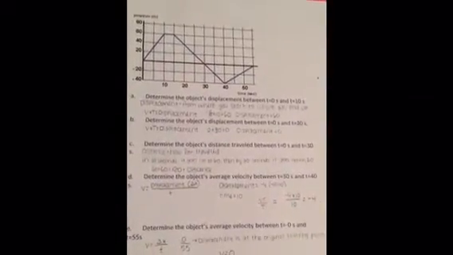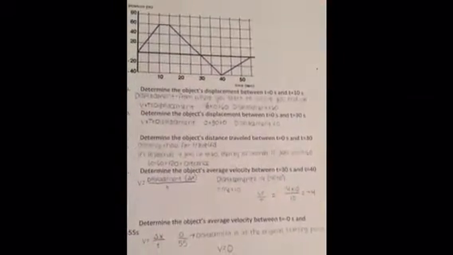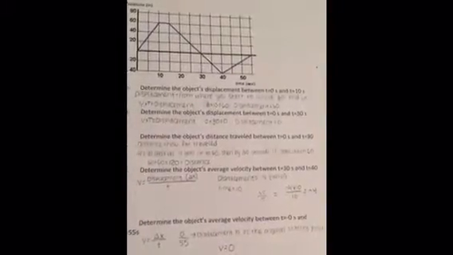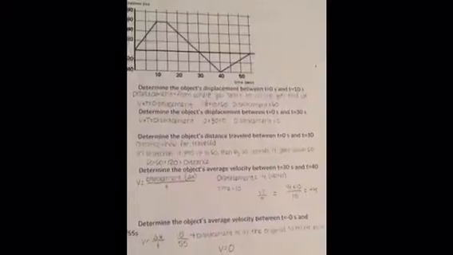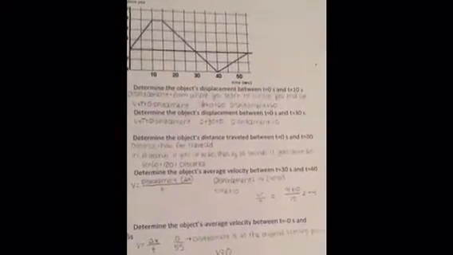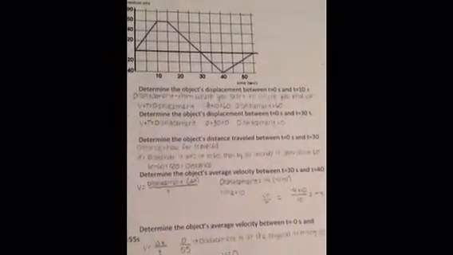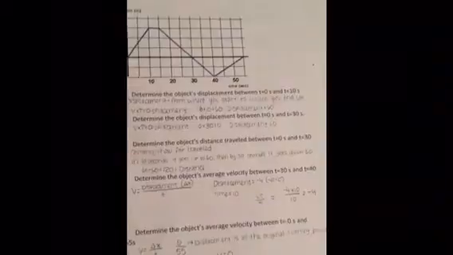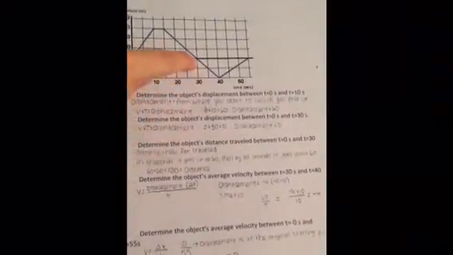C. Determine the object's distance traveled between t equals 0 and t equals 30. Distance is different than displacement. Distance is how far the object traveled, not from where it started and where it ended, like the positions. So it's asking from t equals 0 and t equals 30.